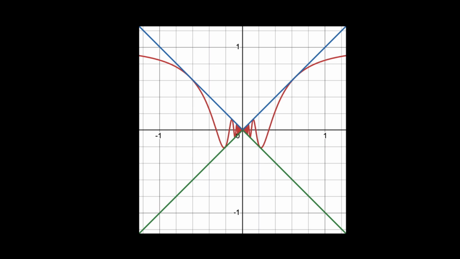And then I have the line y equals negative x, and I can see that my function always lies between those two bounds. And since both of those functions are approaching 0 as x goes to 0, that tells me that the function we're working with also has a limit of 0 as x goes to 0.